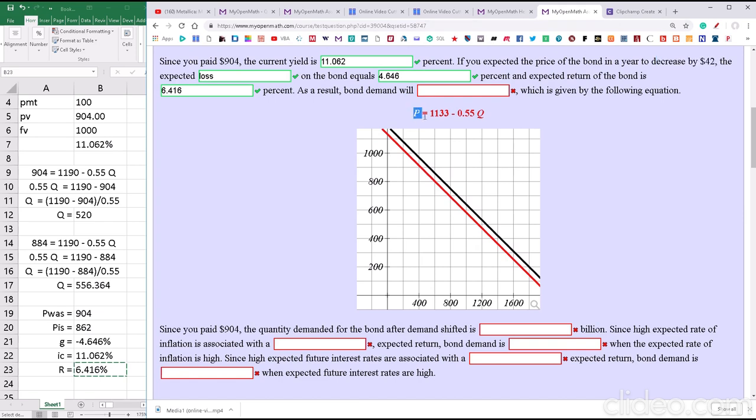The new bond demand is this red equation, and because the demand curve has shifted in, if we hold the price constant, demand has shifted into the red curve. At this constant price, quantity demanded has fallen from here to here. So we call that a decrease. Bond demand will decrease.